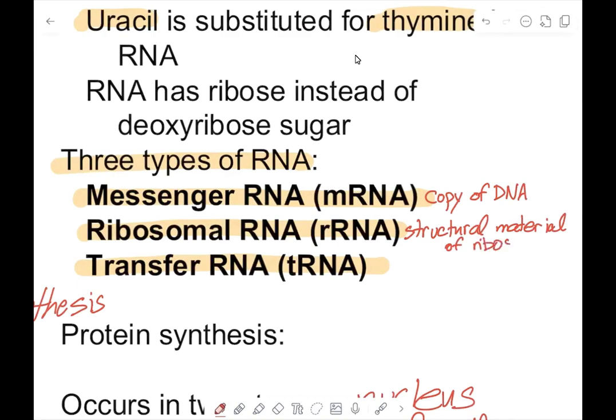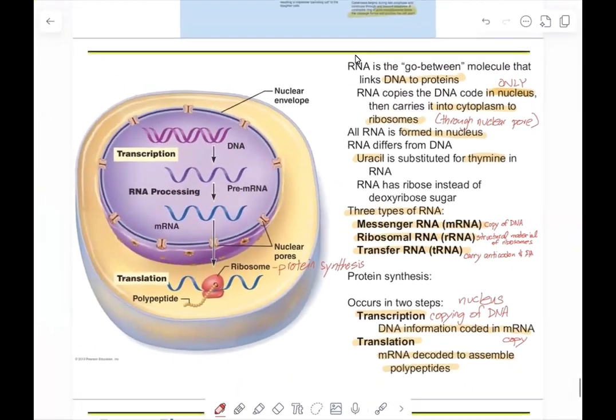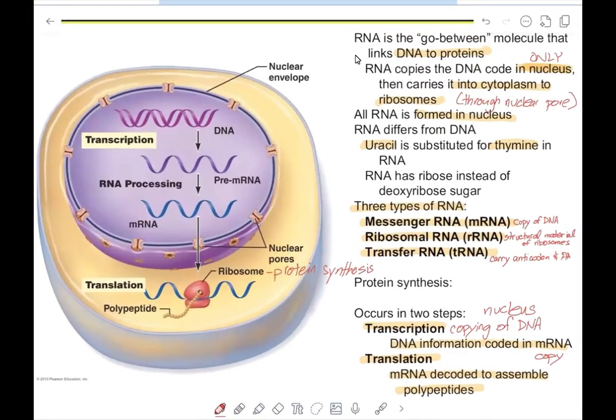And transfer RNA is what is going to transport 2 things. It's going to carry what's called the anticodon and the corresponding amino acid, which is the beginning of that polypeptide sequence.